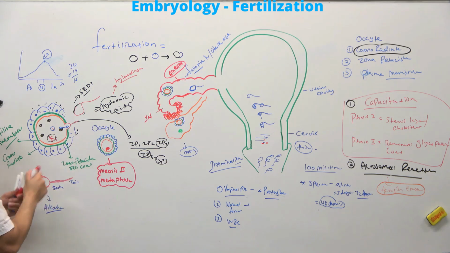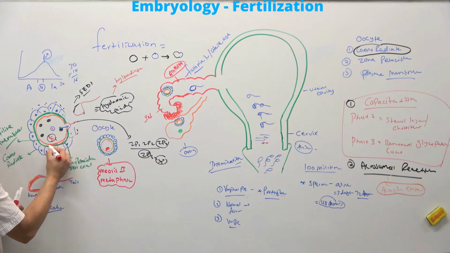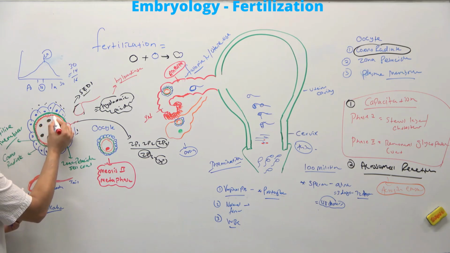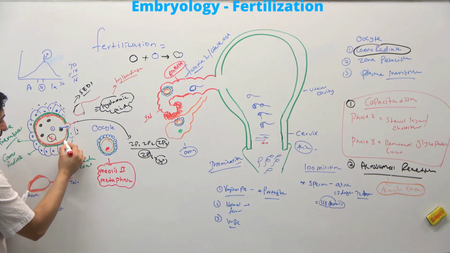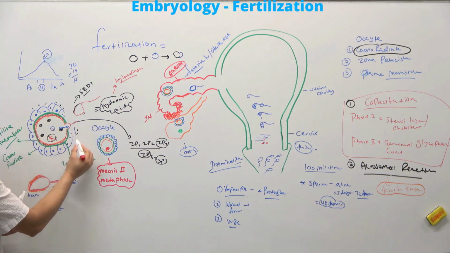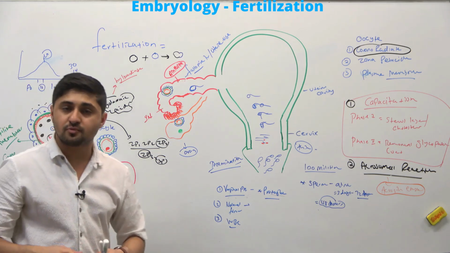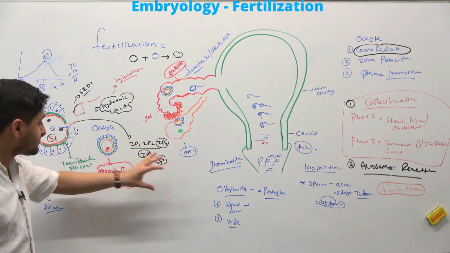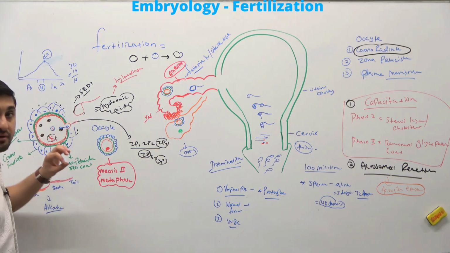These cells down here start depolarizing, making a positive voltage current, and that is one of the reasons it prevents other sperm from fusing. So what prevents polyspermy is that major depolarization happens.